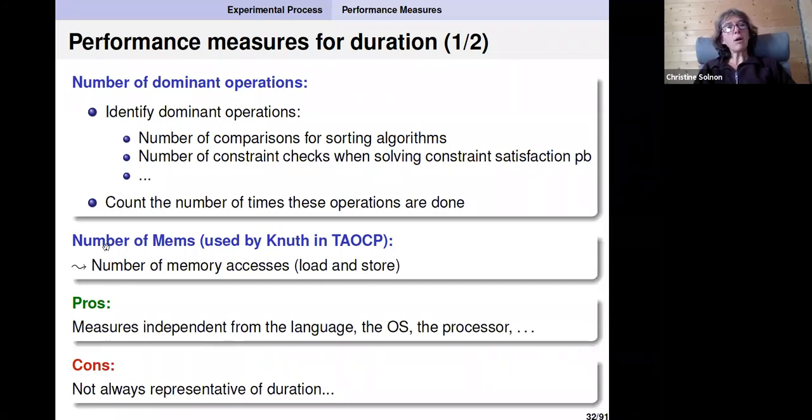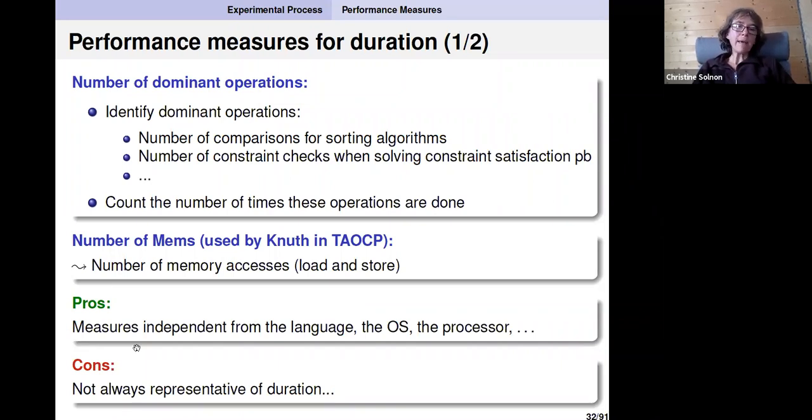The interest of these measures is that they depend neither on the language, nor on the operating system, the processor, the load of the processor, and so on. So it is very easy to reproduce these measures.